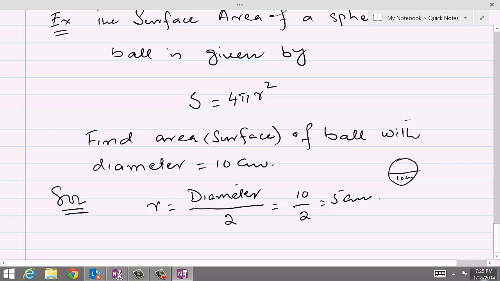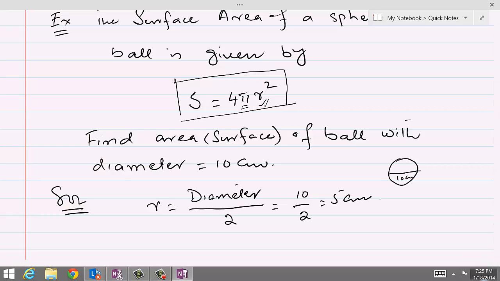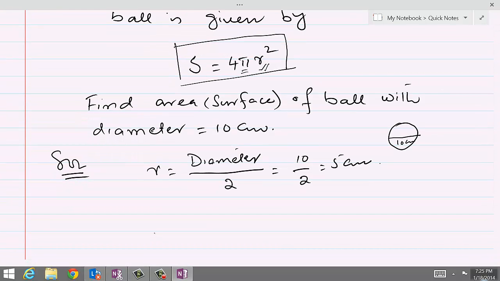Why do we need to find out radius? Because if you look in the expression, there is the value of r that appears. So we will require the value of r. Pi is a constant and its value is 22 over 7. So now when we have the value of r, we can find the surface area.